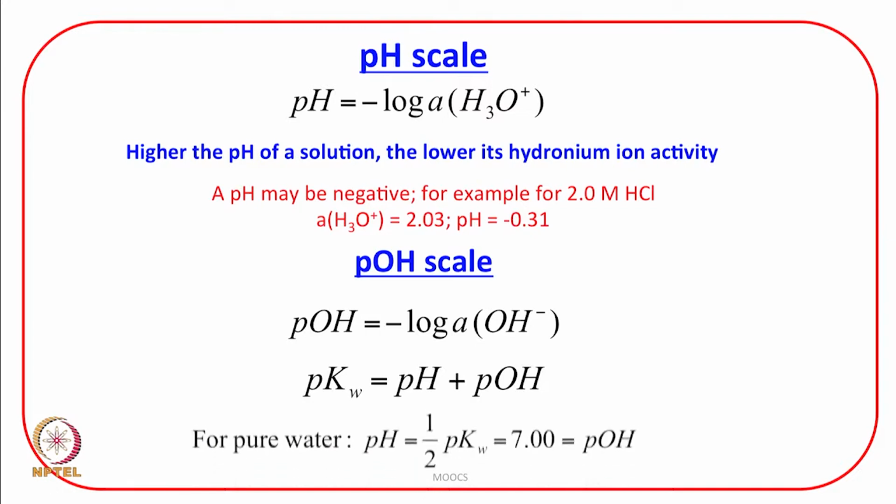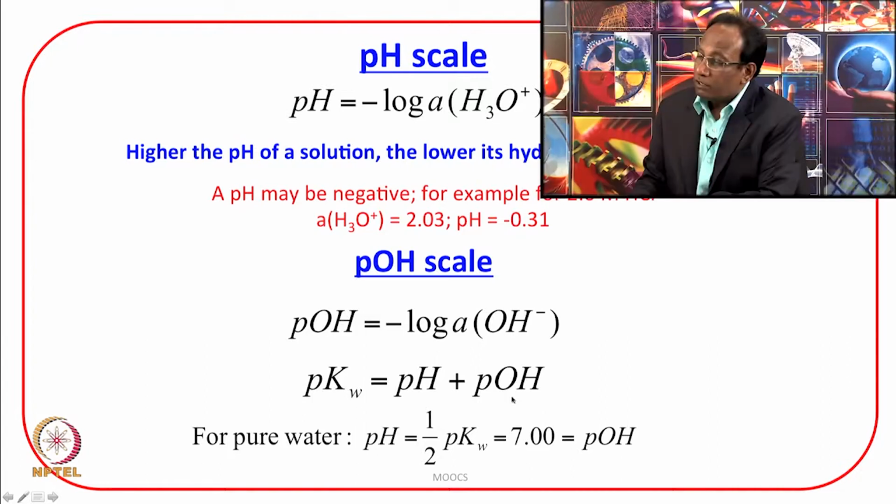For pure water, pH is equal to half pKw, because pH and pOH are the same. Therefore, pH will be just half of pKw. Once again, because pH and pOH are the same for water.